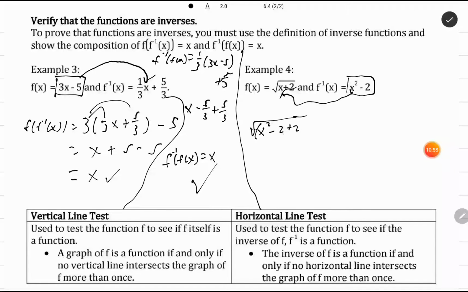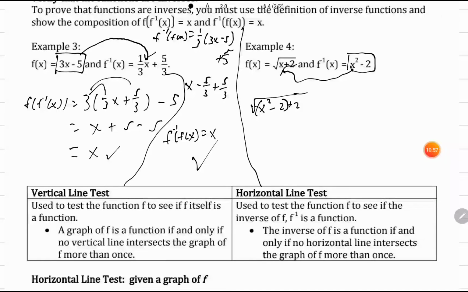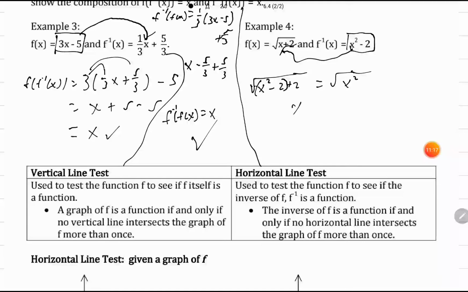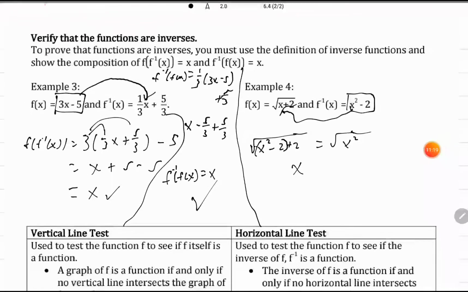That was in parentheses there. Okay, I can remove the parentheses because nothing's being multiplied, we're just adding and subtracting. So this becomes the square root of x squared because 2 minus 2 is 0. And the square root of x squared is x. Okay, so that one works.